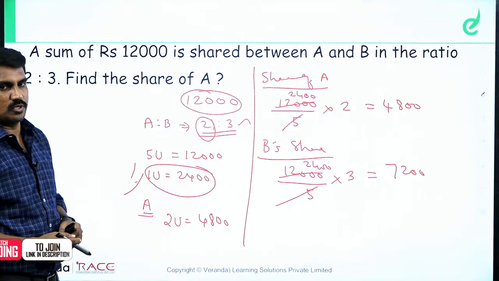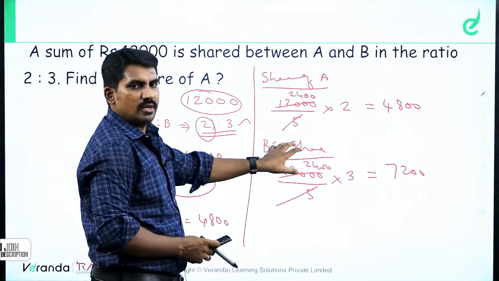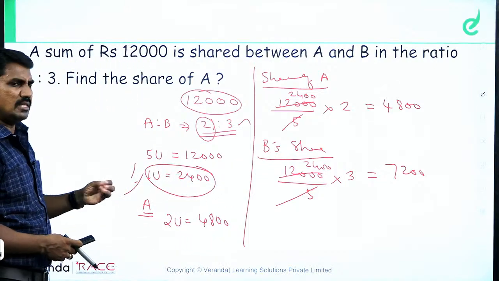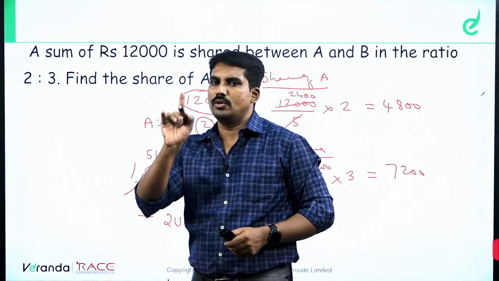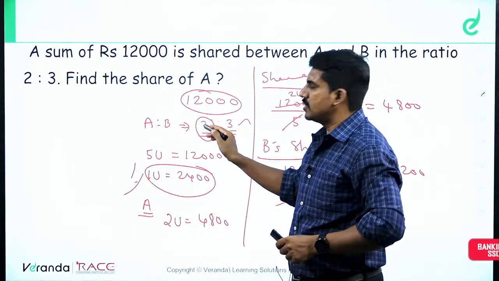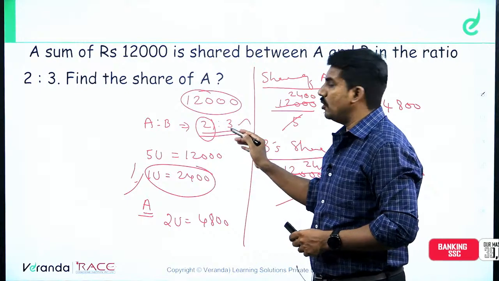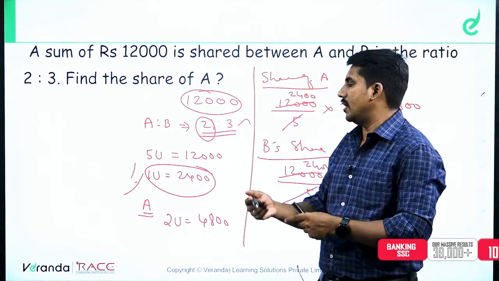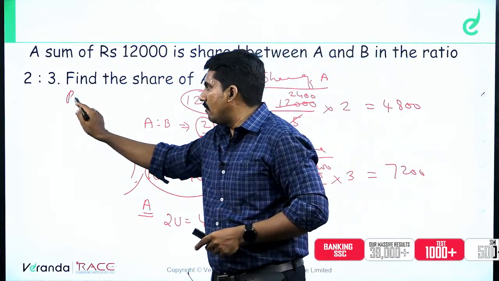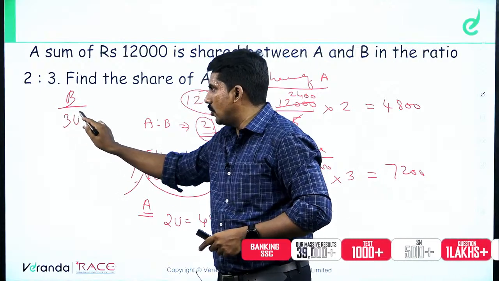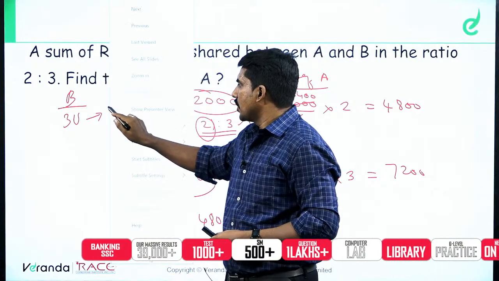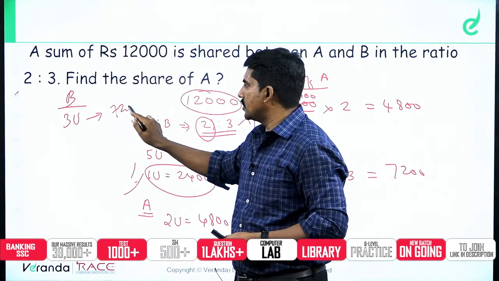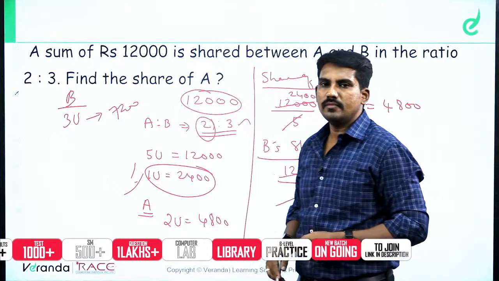This is the right approach. Clear? This method we can follow easily, and solve with mental calculation. 5 units is 12,000, 1 unit 2,400, 2 units 4,800. Now B we want to find out. How many units? 3 units. 1 unit is 2,400. 3 units, 2,400 into 3, therefore 7,200. Clear? Right.